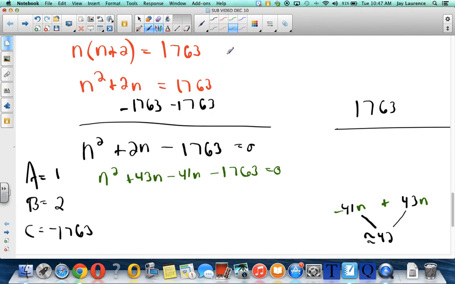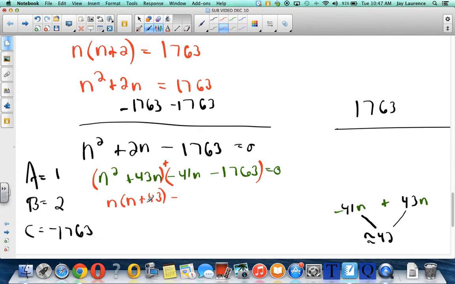Now I'm going to group. Grabbing that negative, very important. Putting an operator between so it doesn't turn into a multiplication problem. So I'm going to factor out an n and get an n plus 43. And then I'm going to pull out a negative. What negative do you think I'm going to pull out? Well, I bet you I'm going to pull out a 41.